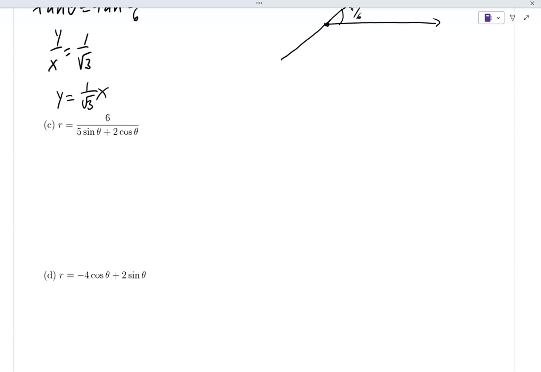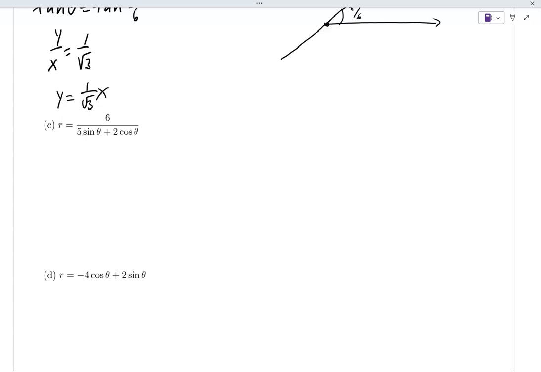But if I try to square both sides in this case, I'm going to get a mess, all right? Especially in the denominator. It's not going to be very helpful. I don't have any conversion formulas that say anything about a sine squared or a cosine squared, right? It's going to be really, really nasty if I try to square this and then try to figure out how to convert that over to rectangular.